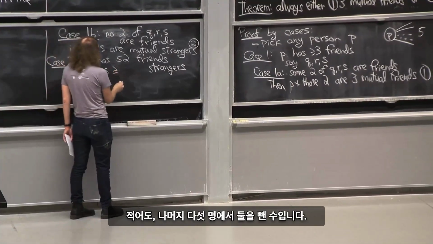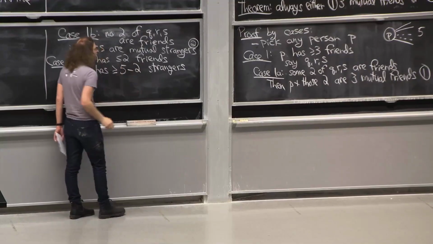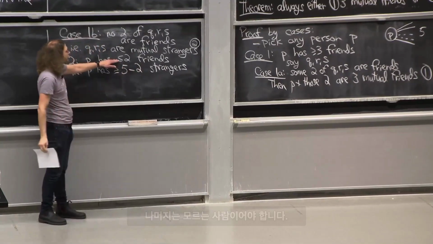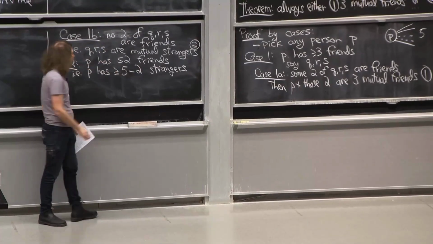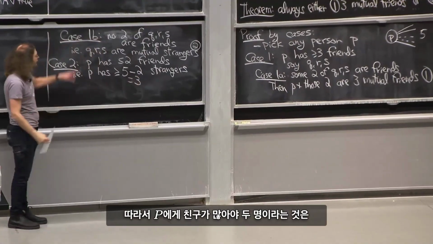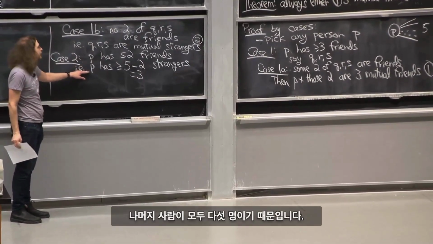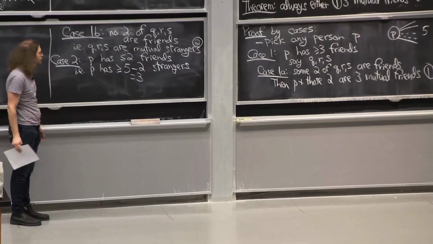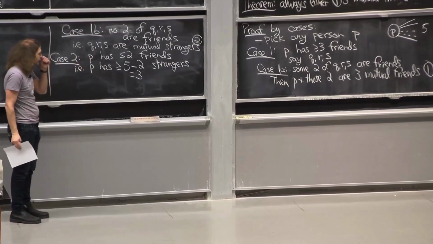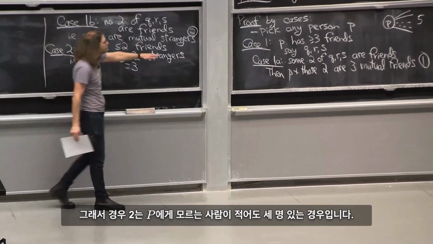Well, it's at least all the others, 5 minus 2. Because at most 2 of them are friends. The remainder have to be strangers. And so this is 3. So P having at most 2 friends is the same thing as P having at least 3 strangers, because there are 5 other people total. 2 plus 3 is 5. So case 2 is P has at least 3 strangers.